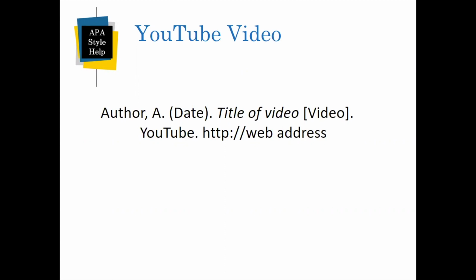It's italicized. But what we have to add in next to that is, in brackets, video, and then period. We have to specify that it's coming from YouTube. So then what would come next would just be YouTube, period. And then the actual URL of the video, which is copied from your browser bar.